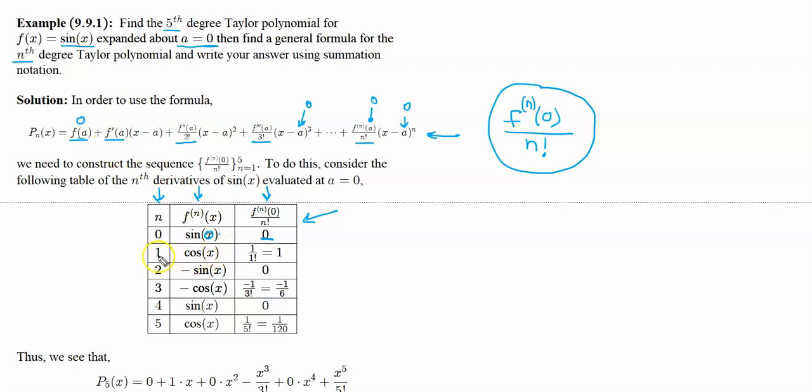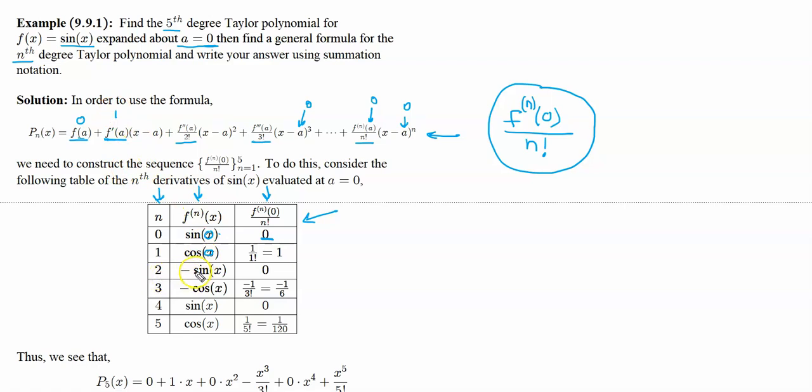Then when n is 1, we put 0 in here for that x. Cosine of 0 is 1, divided by 1 factorial, which is 1, of course, and we just get back 1. So this term right here is going to be 1.